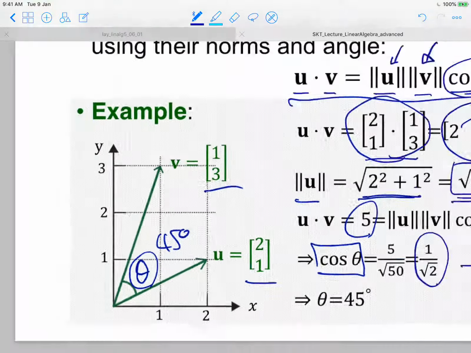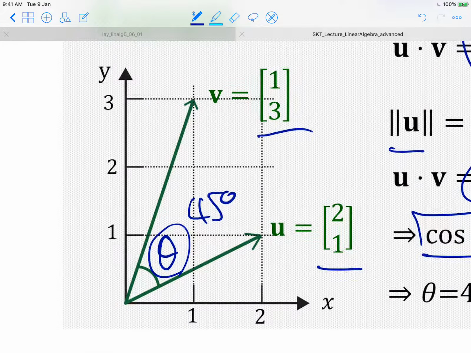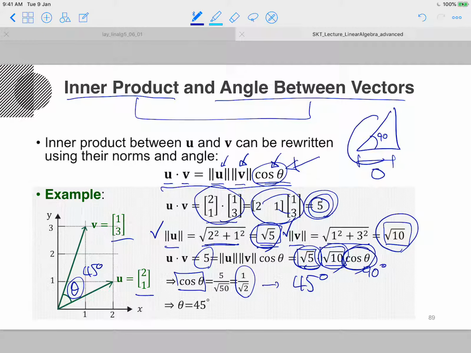So let's suppose we want to obtain the cosine theta between these two vectors, 1, 3 and 2, 1. We first compute their inner product in this manner. So 5 is our inner product, and separately we compute the lengths of these two vectors: square root 5 and square root 10.